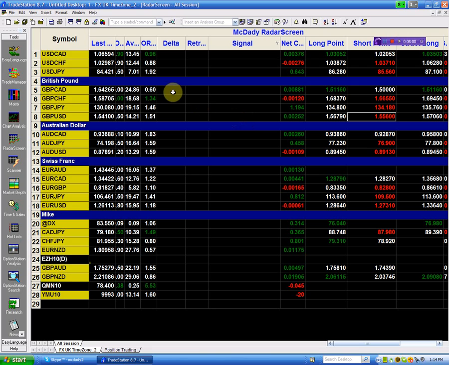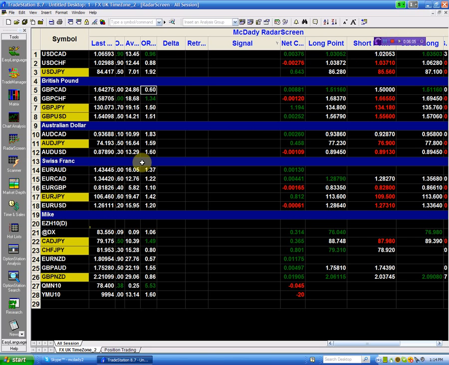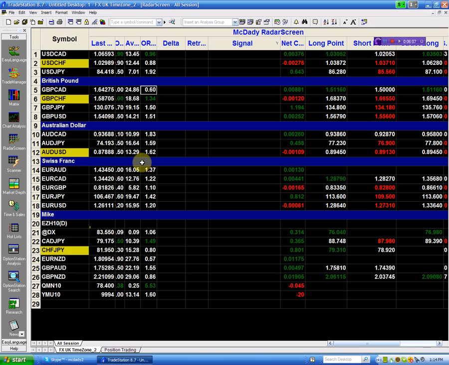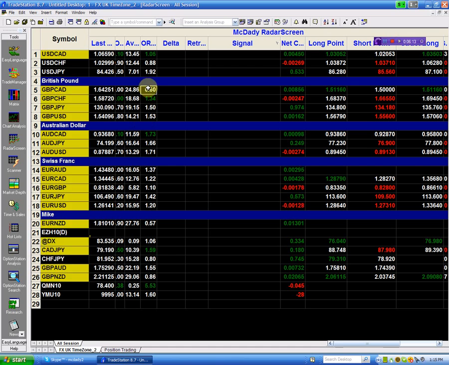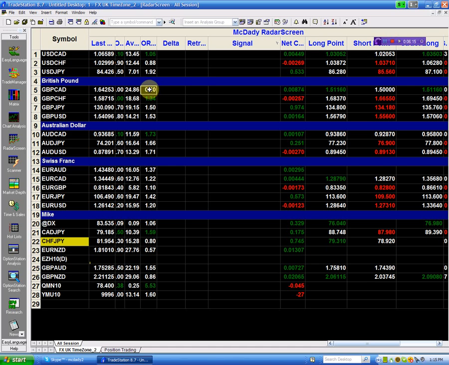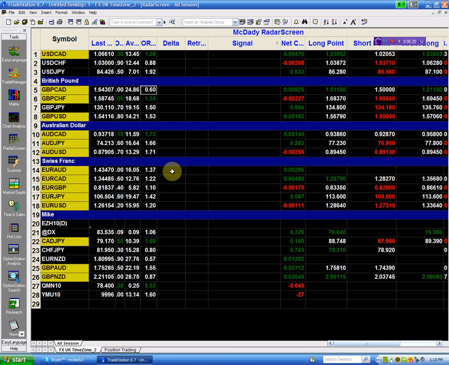The high probability ones today are probably the pound CAD, which would be quite interesting to move to the upside. Everything else doesn't seem to be. I think one of the highest probability is the dollar CAD, the pound CAD. I think the Canadian today would be an interesting currency to look at.